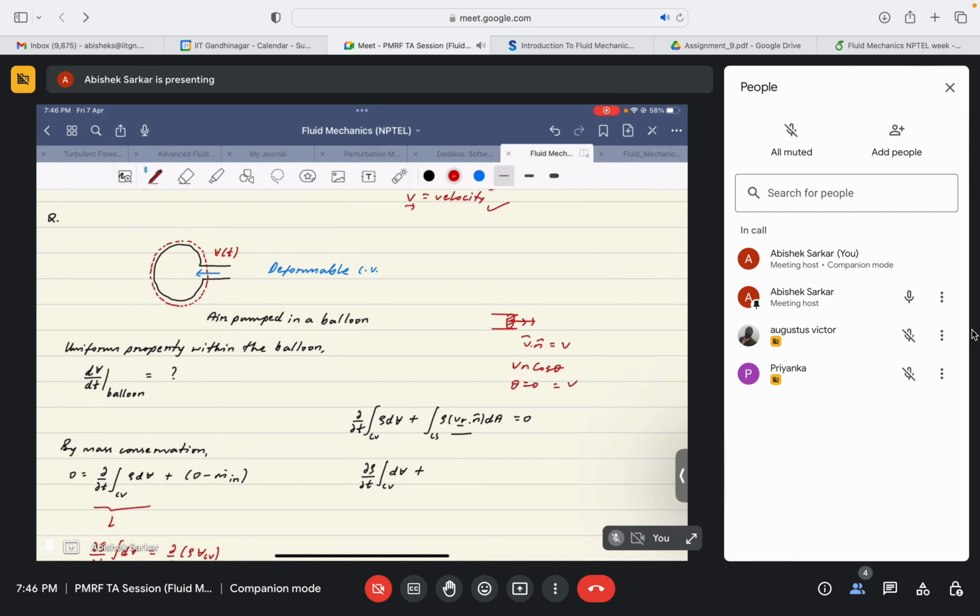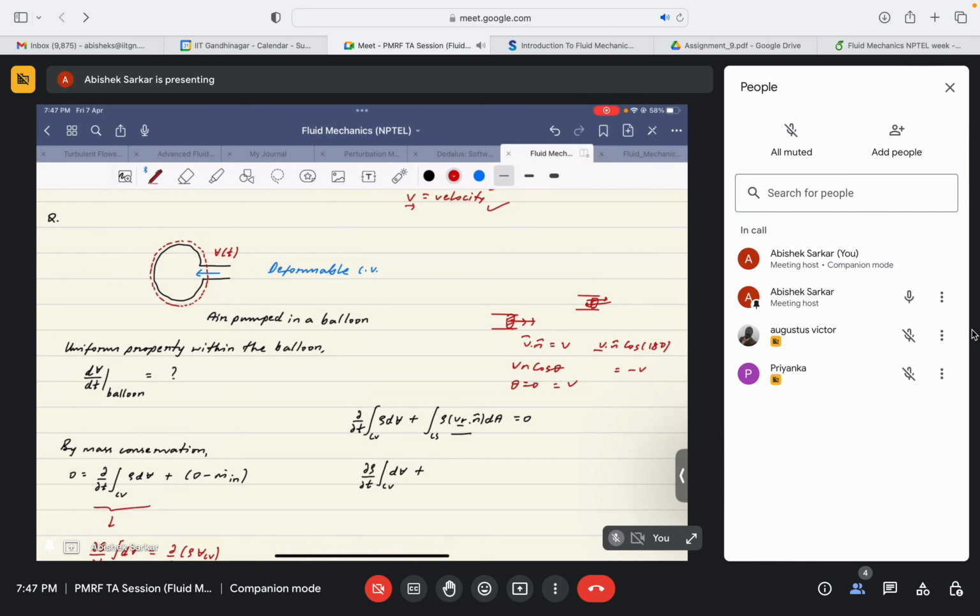Similarly at the inlet, since the direction of velocity and the normal vector are opposite to each other, it means v n cos 180 degrees, and cos 180 is -1, so it will give us minus v.